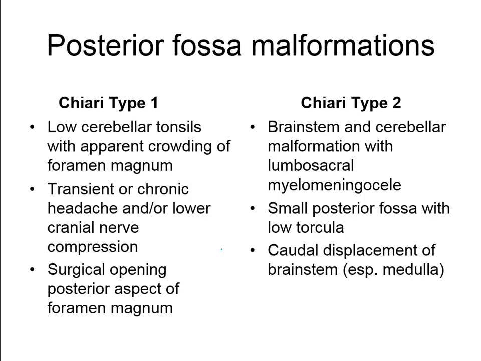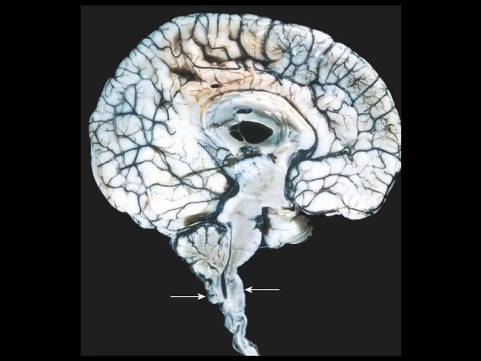They have that, and they get caudal displacement, downward displacement of brainstem, especially medulla. So here is a midline cut through a brain of a young child with a Chiari 2 malformation, and you can see a whole bunch of things. First of all, look at how big the posterior fossa is, and look at where, so this, in fact, is the tentorium.